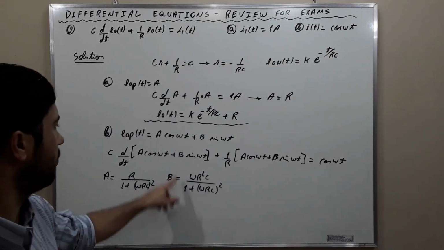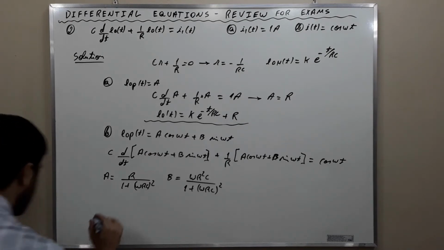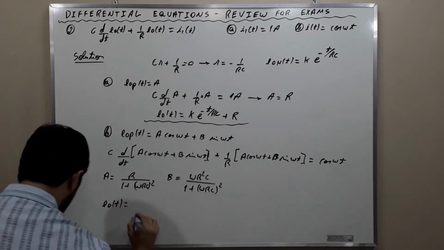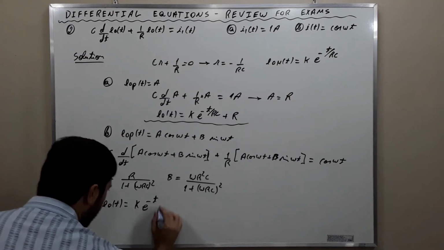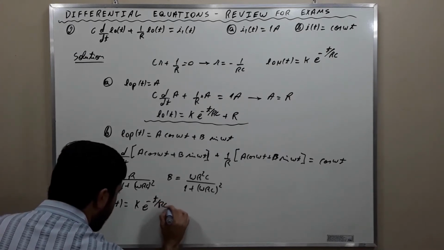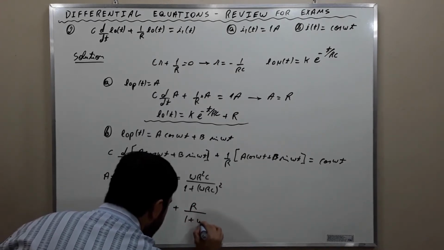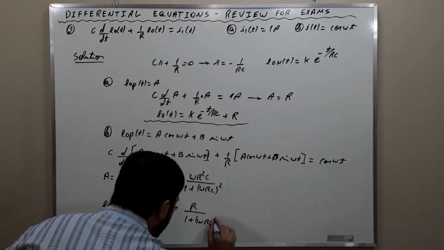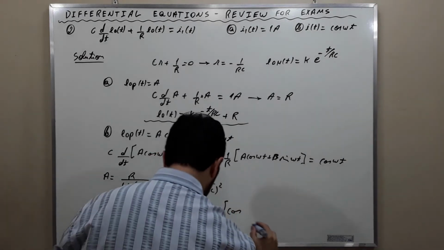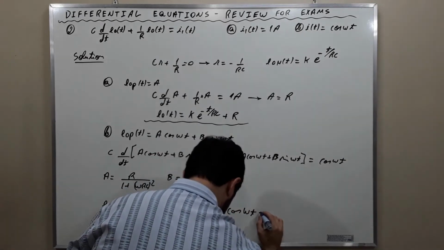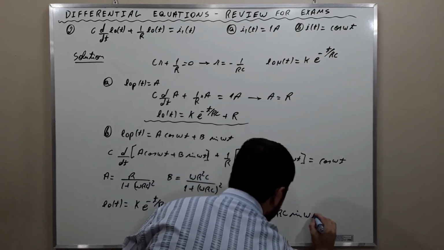Using this and this here, we get that the general solution in this case is y of t equal to k times e raised to the power of negative t over RC plus R over 1 plus (wRC) squared times the cosine wt plus wRC sine wt.